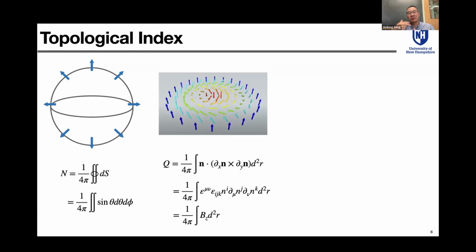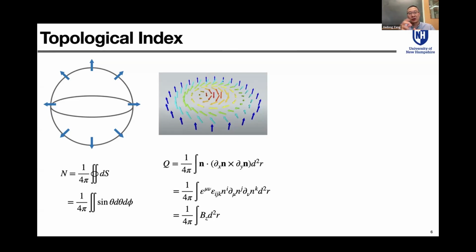So we do the variable substitution, and we eventually end up with this nice expression, what we call a topological charge, that has been observed in terms of a topological effect, for example. And this topological charge can be expressed in terms of the components of n.